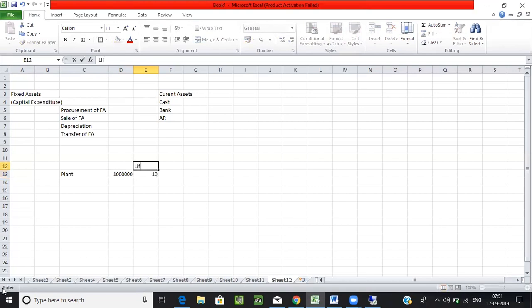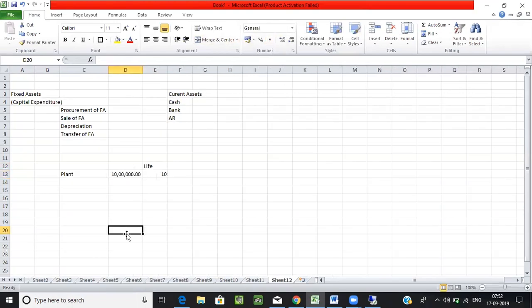It means after 10 years, we will have to go and buy this again, right? The amount is 10 lakh, and 10 lakh works for 10 years. Then what will we have to do? We will have to procure the same plant after 10 years. It has to be replaced after 10 years.